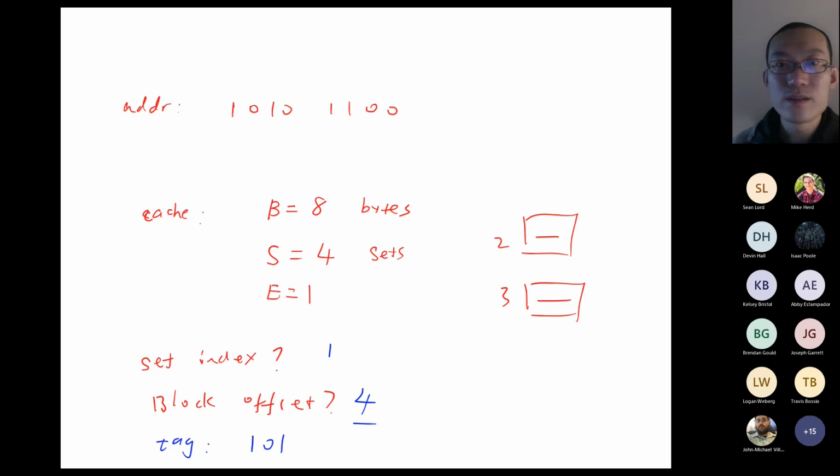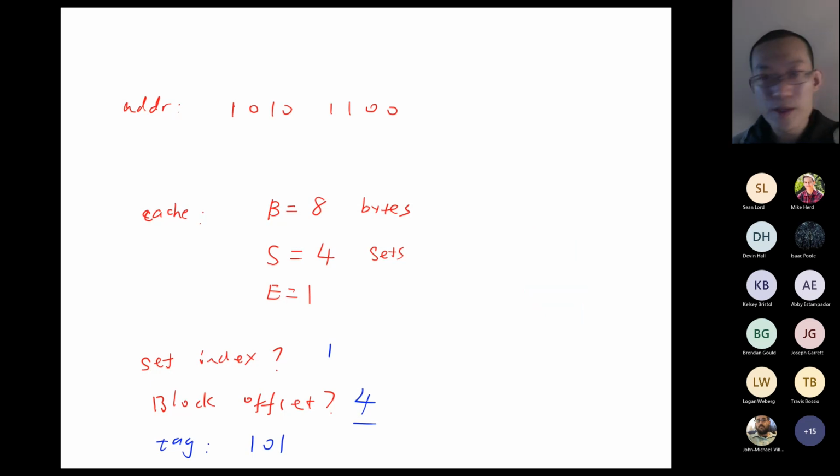We want to make the block size 4 bytes. And for the set index, right now we want to have 8 sets. We still have 1 line per set.